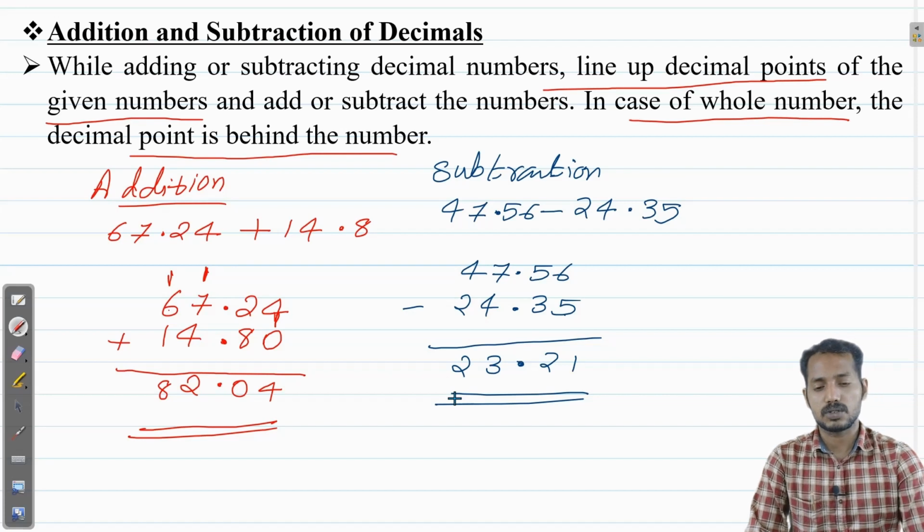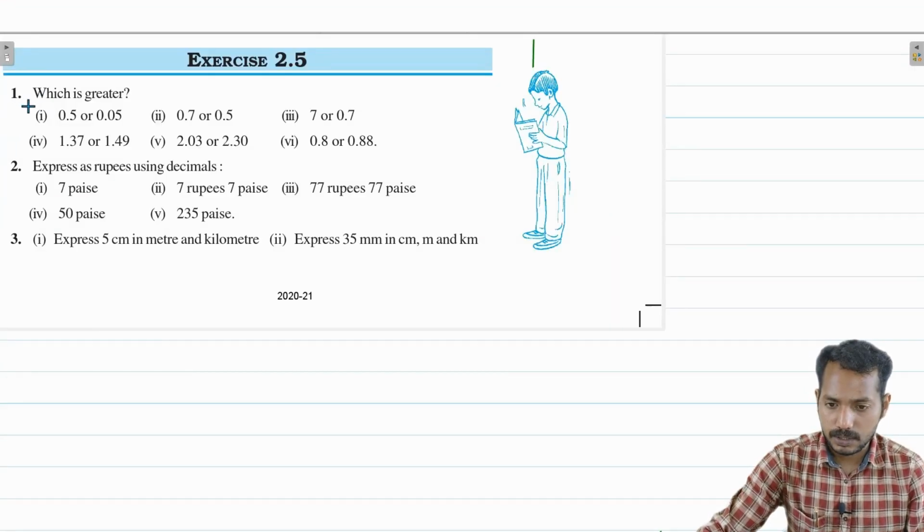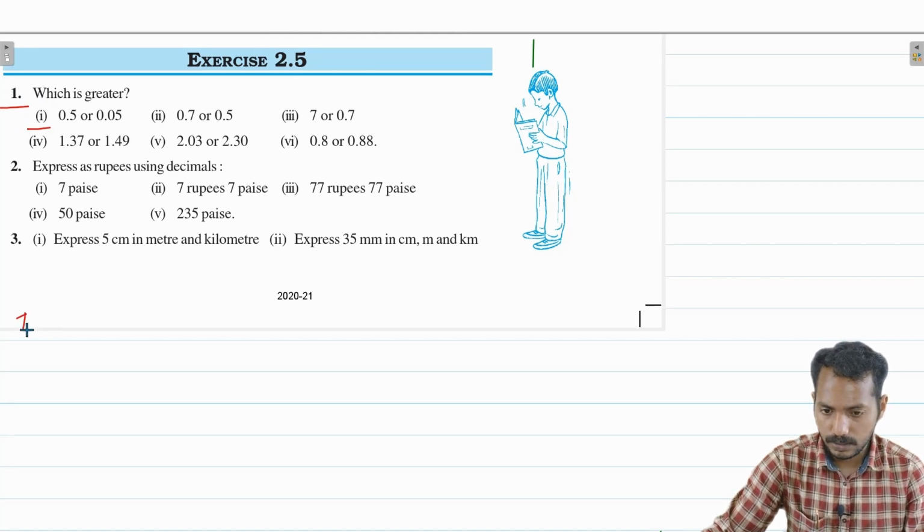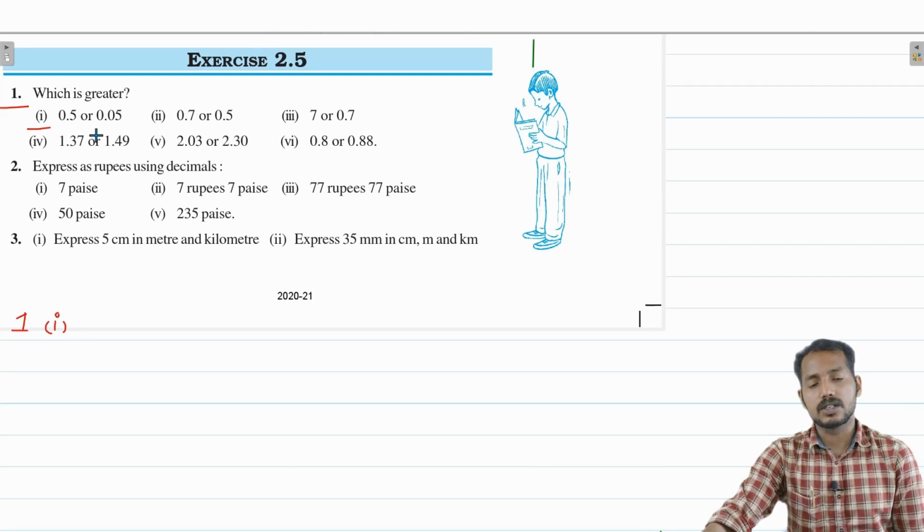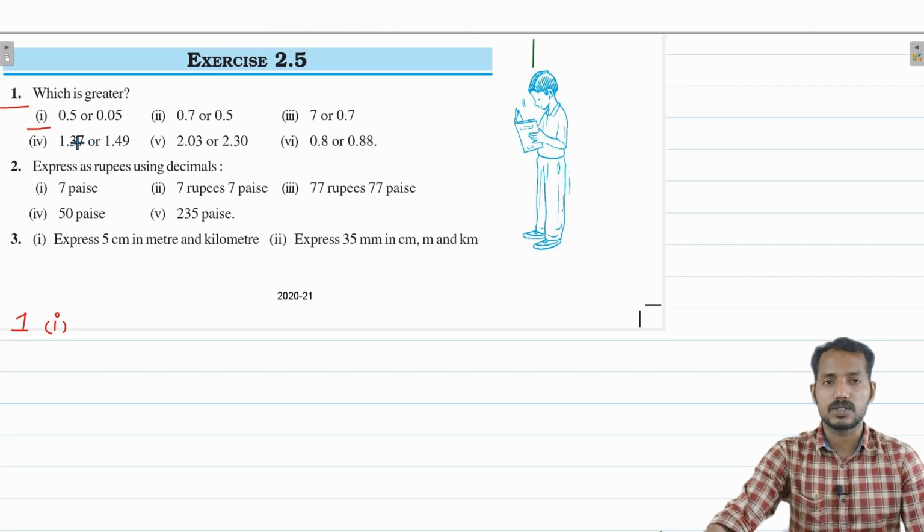Now let's discuss some questions from exercise 2.5. First I am taking the first question, option number 1. Which is greater, 0.5 or 0.05?